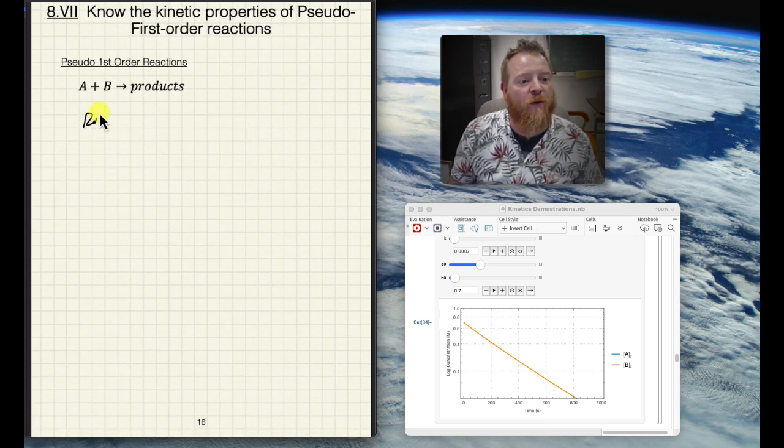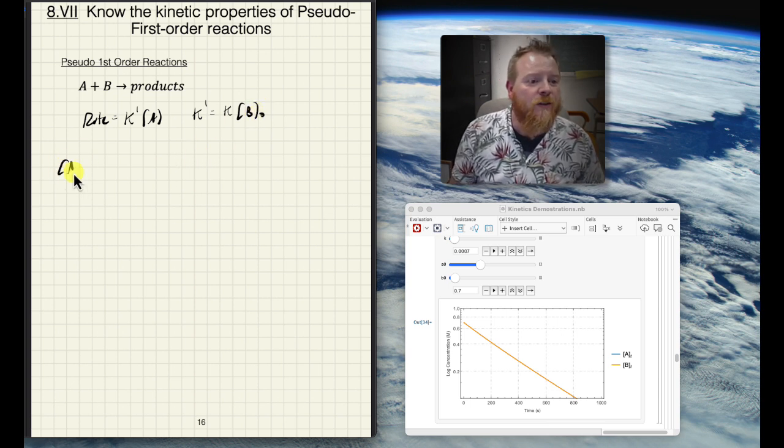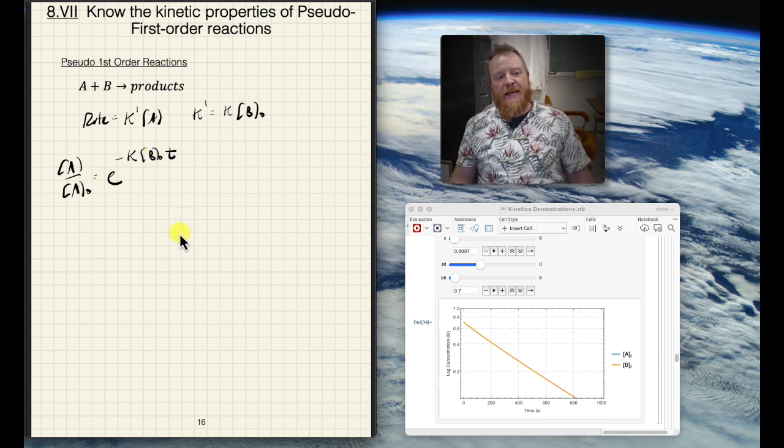We noted that the rate under pseudo first order conditions is k prime times A, where k prime is the true second order rate constant times the initial B concentration. Solving the differential equation for the concentration of A gives e to the negative k times B initial times t.